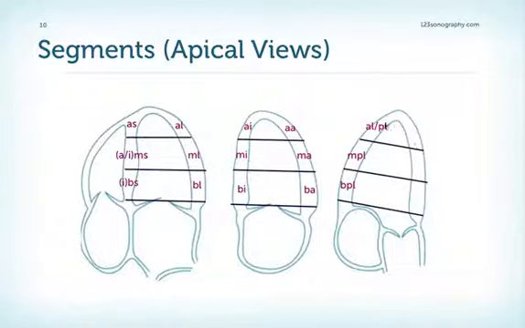Remember, we only have one segment. We have a fusion of these two segments here. The apical septum, only one portion or one segment of the septum in the apex. The mid septum, which is usually the anterior septum we see here, and the basal, usually the anterior basal septum we see here.